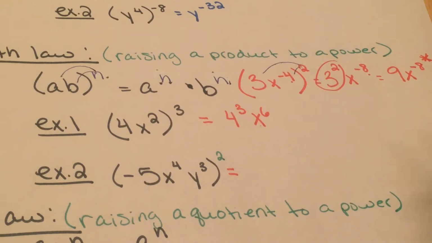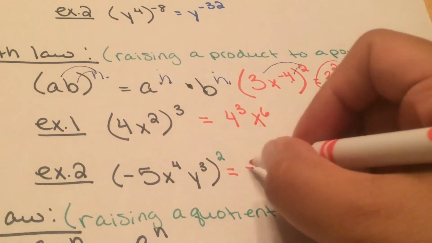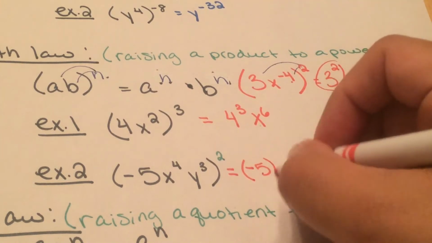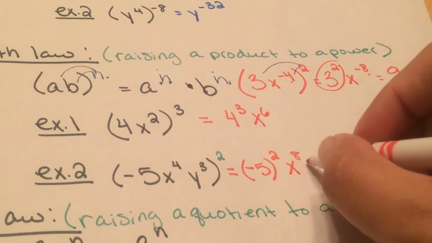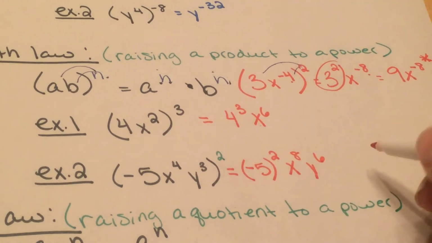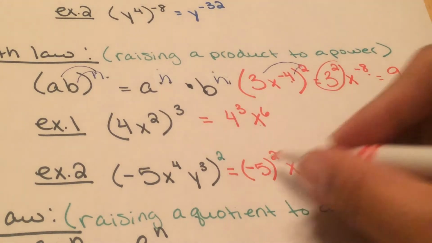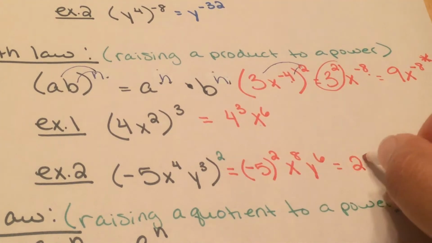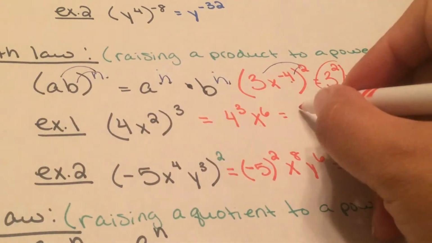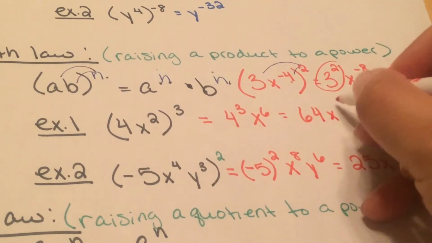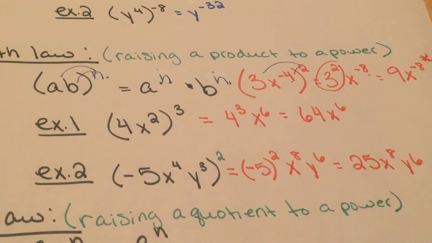So if we have a 2 there, we should get negative 5, in parentheses, to the second power, x to the eighth, y to the sixth. So I'm going to simplify that negative 5. We know that's going to be a positive 25, x to the eighth, y to the sixth. And since I didn't simplify that 4, we know this is going to be 64, x to the sixth. Okay?